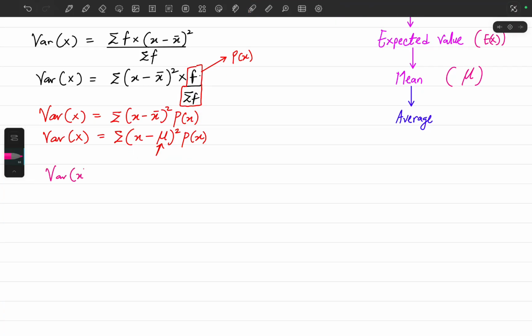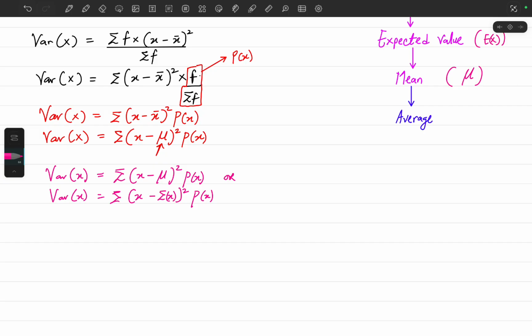So variance of x equals the summation of x minus mu all square times probability of x, or the variance of x equals the summation of x minus the expected value all square times the probability distribution of x.